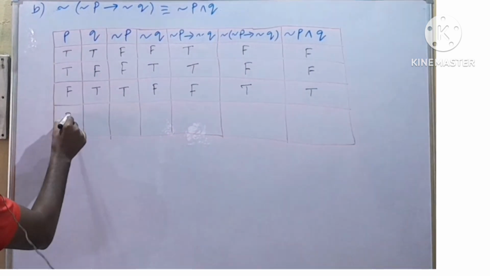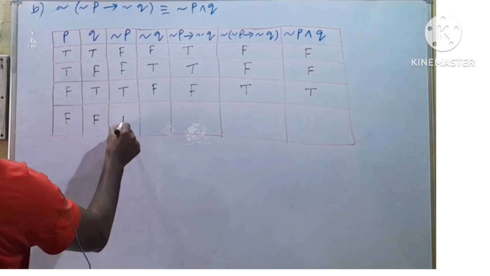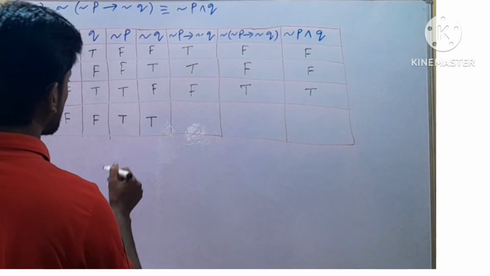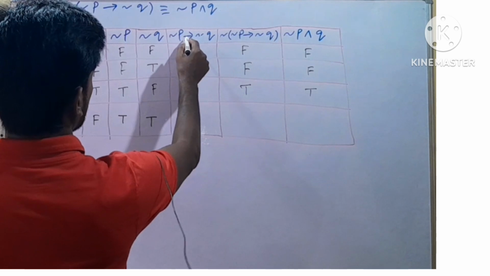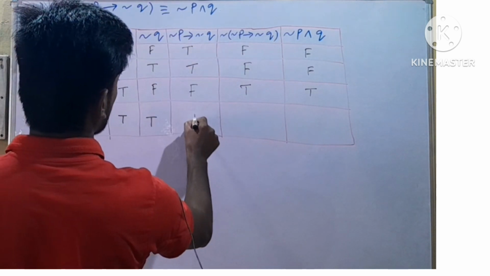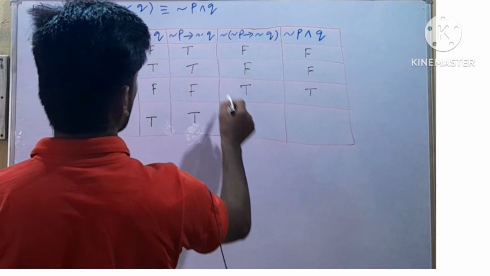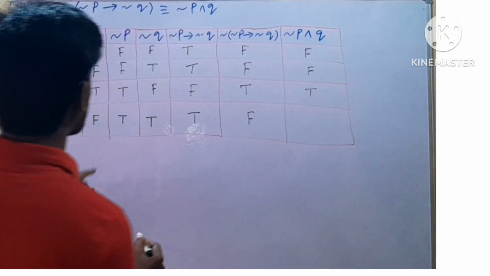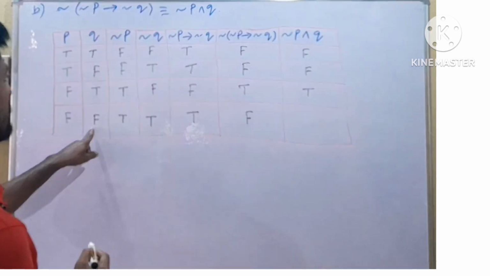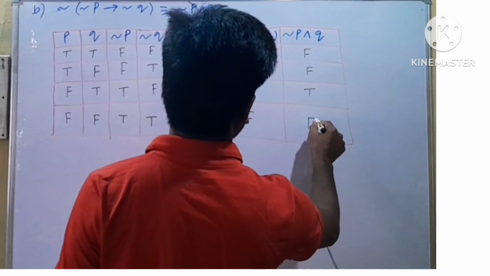Next we take P false, Q also false, negation of P true, negation of Q true. Then negation of P conditional negation of Q is true. Since this one is true, its negation will be false. Now negation of P is true and Q is false, so the conjunction will be false.